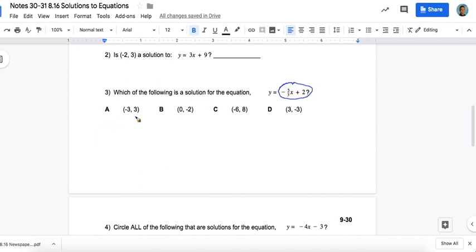So what I would do is type in negative 5 divided by 3 times negative 3, and then I would add 2. Negative 5 divided by 3 times negative 3 would give me positive 5, and 5 plus 2 is 7. So this would not work.